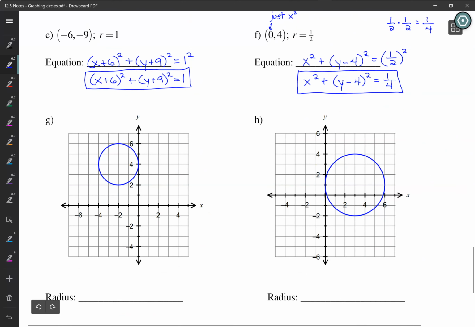What I've found is that the easiest way is to start at the very top of the circle and draw a line from the very top to the very bottom, and then draw a line from the very left to the very right. And where your two lines cross, that's the center right there. So you can find where that center is. That dot is at -2, +4.